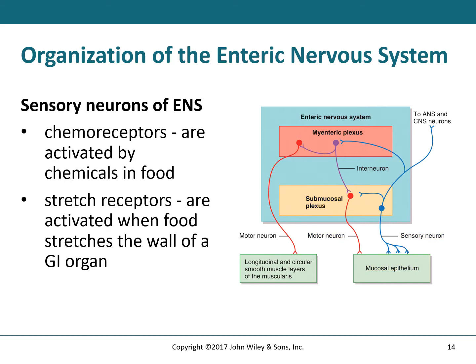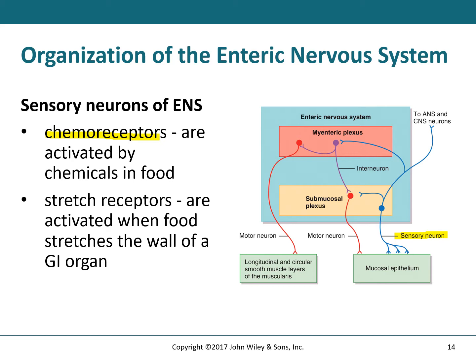What do you need sensory neurons for if the action potentials that lead to secretions are coming from motor neurons? Well, again, sensory neurons are going to sense the local environment. So we're going to have chemoreceptors at the ends of the sensory neurons. They're going to be activated by chemicals in food, and these are going to then tell the submucosal plexus neurons what secretions need to occur.